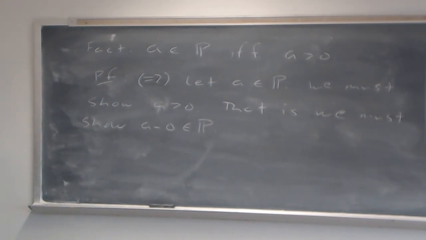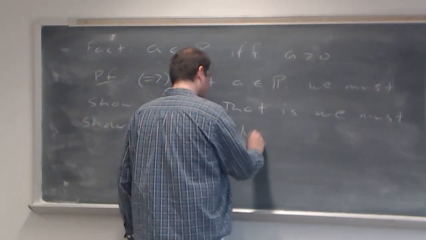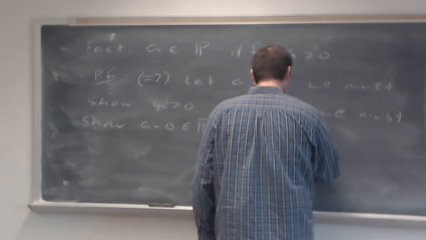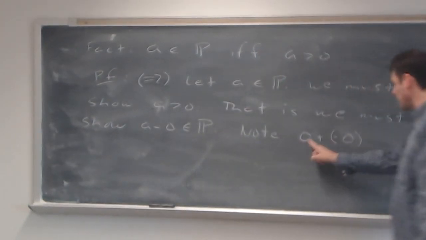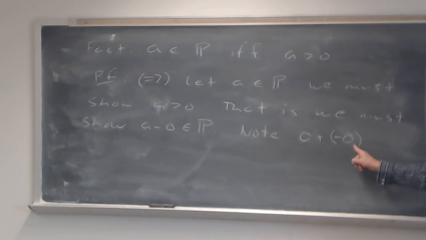All right, well, here's the first thing I want to say. Note that 0 plus minus 0, well, this is a number, and putting a minus in front of it makes it its additive inverse.